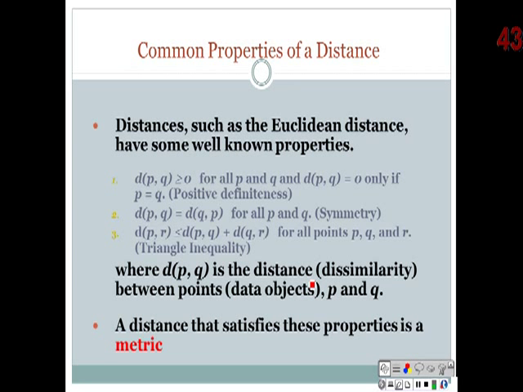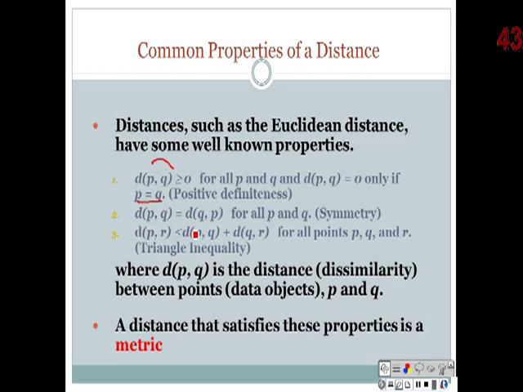What are the most common properties of the Euclidean distance? Very, very famous things: the distance between 2 points is bigger than or equal to 0 for all P and Q, and the distance between the two points equals 0 only if P equals Q, and this is what they name positive definiteness.